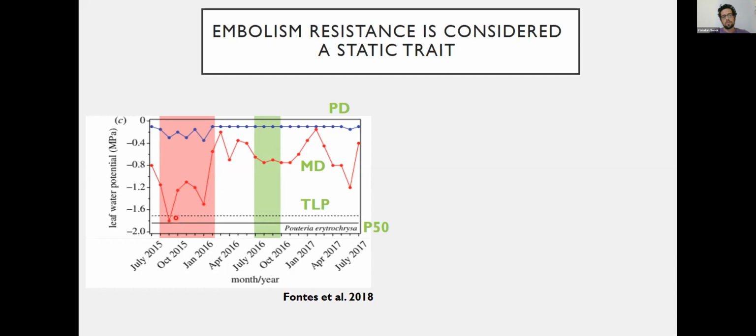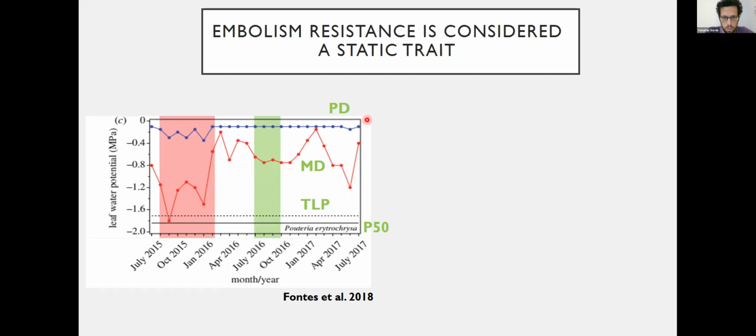And from this result, he assumed that this tree from the Amazonian forest had cavitation, because the minimum water potential here crossed the threshold of the cavitation.